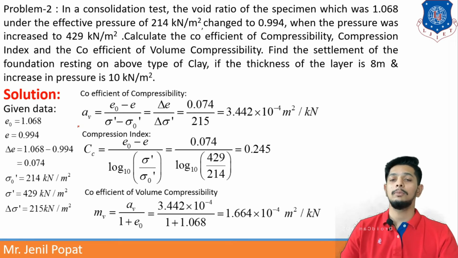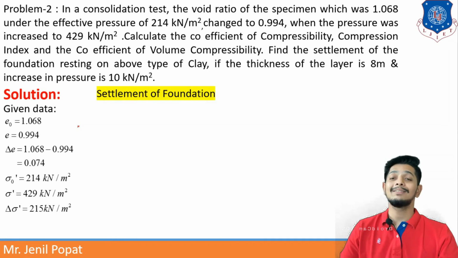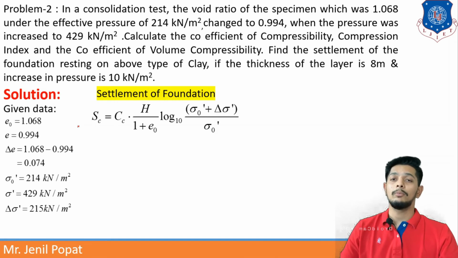One more thing asked is the settlement of foundation. For settlement of foundation, we can use the formula as we have shown in the previous video. Sc is equal to Cc into capital H upon 1 plus e0, times log base 10 of sigma 0 dash plus delta sigma dash upon sigma 0 dash.